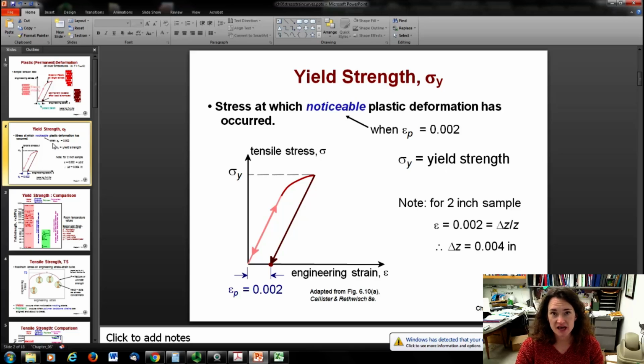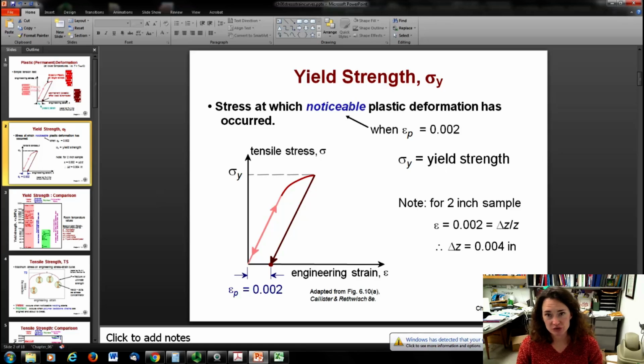This is defined as the stress at which noticeable plastic deformation occurs. Since noticeable is kind of subjective, they've put a limit on it. They're saying that noticeable deformation occurs when the plastic strain is 0.002. Okay, so that's basically a 0.2% change in the length.